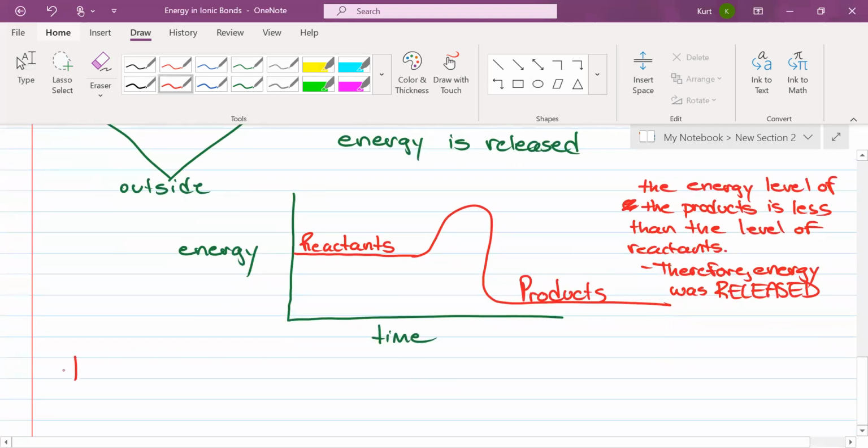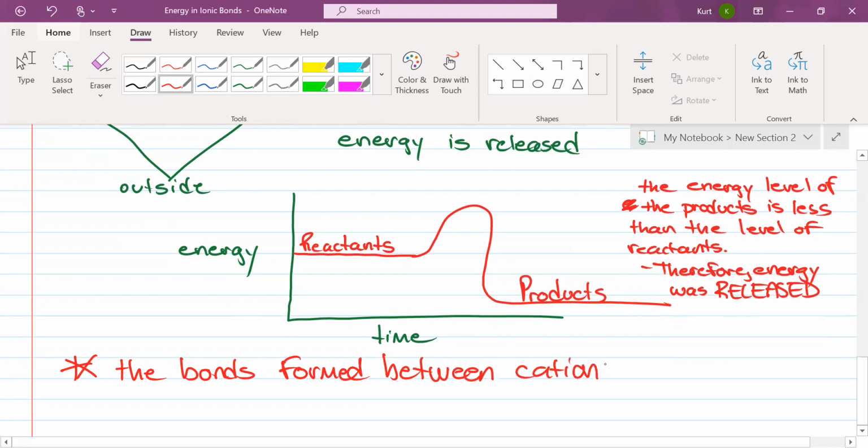So, the bonds formed between cations and anions is always exothermic.